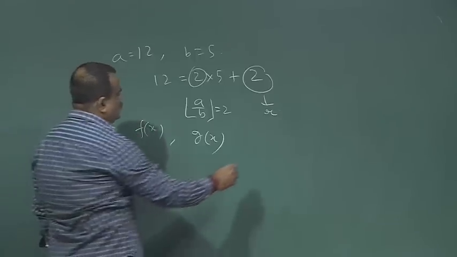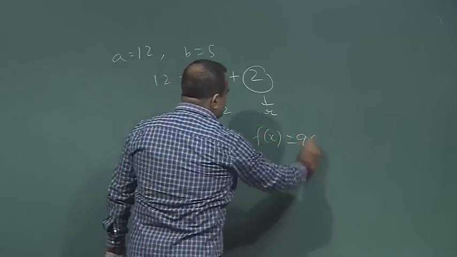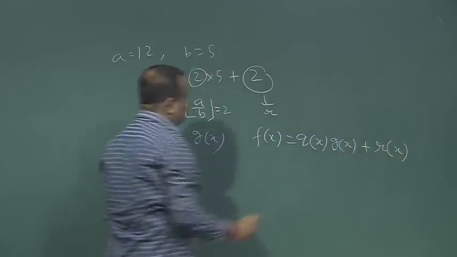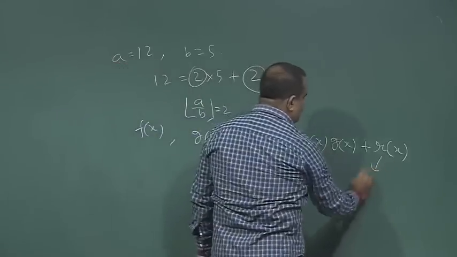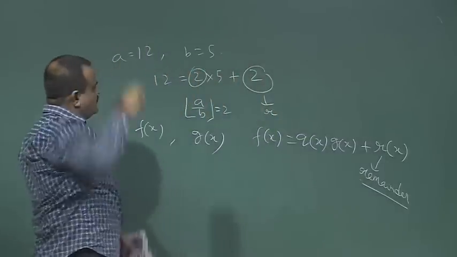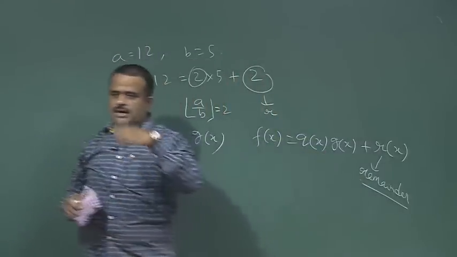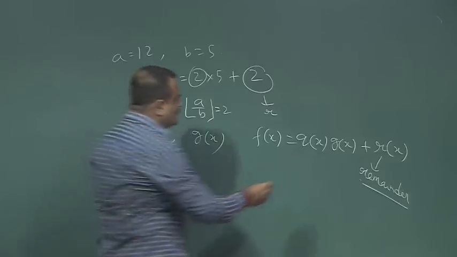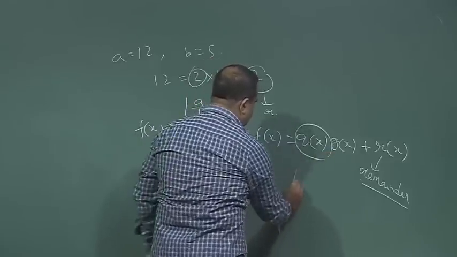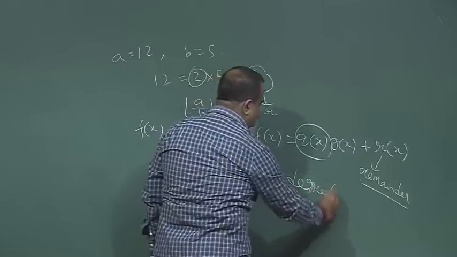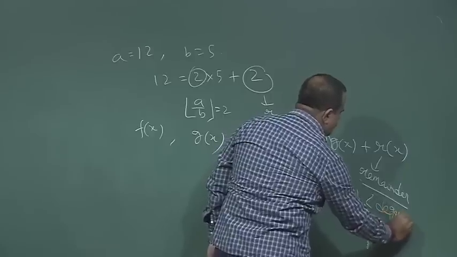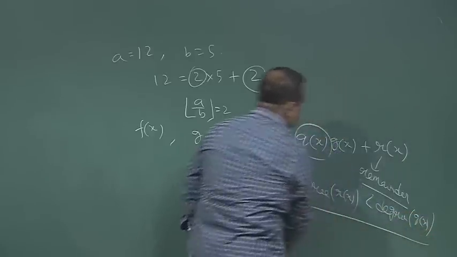That means f(x) should be written as q(x) g(x) plus r(x). This r(x) is called the remainder polynomial, and the degree of r(x) must be less than the degree of g(x), otherwise we will have to divide again. And q(x) is called the quotient.